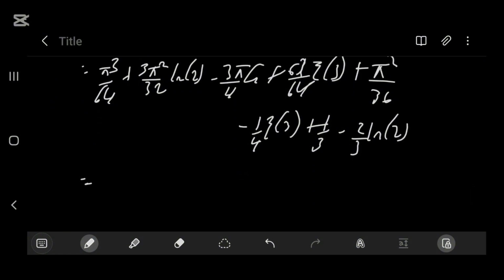And let's add these, and we'll have pi cubed over 64 plus pi squared over 36.